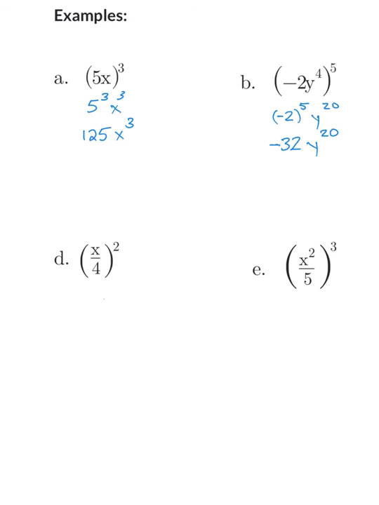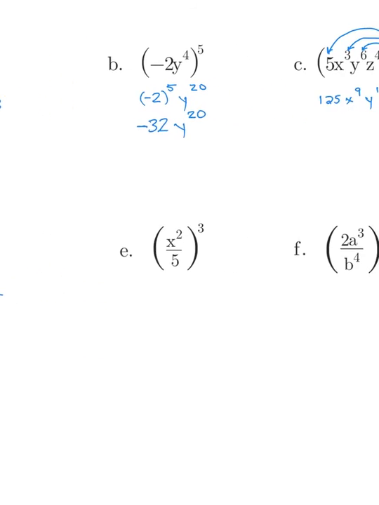X squared is just x squared over 4 squared. If we simplify this, we get x squared over what is 4 squared equal to, and that's going to be 4 times 4, which is 16. And that's it.